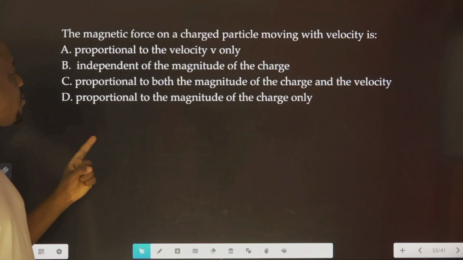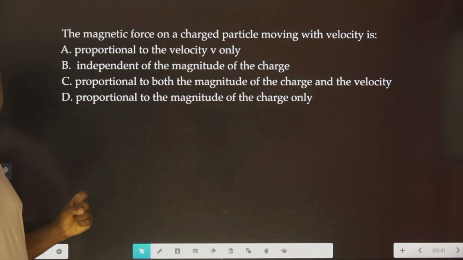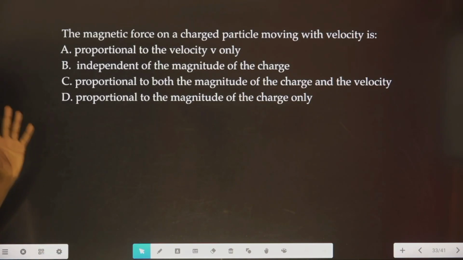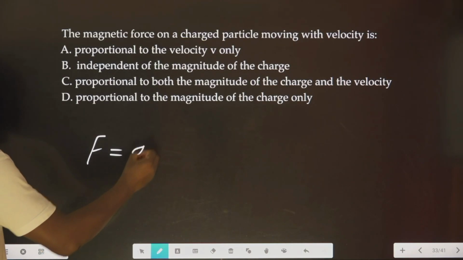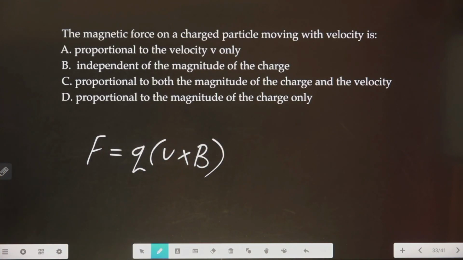The magnetic force on a charged particle moving with velocity is A, proportional to the velocity v only. Before we continue, let's first of all write down the formula, okay? The magnetic force is known to be F equals q v multiplied by B. What is this?